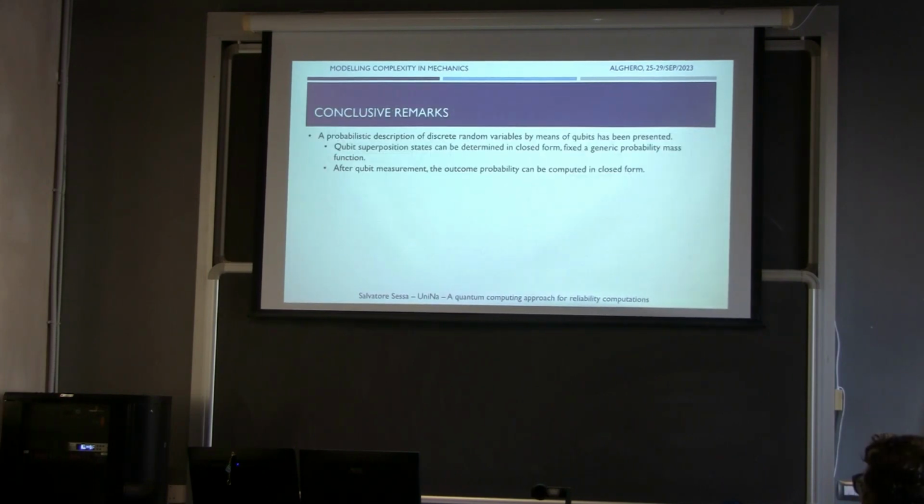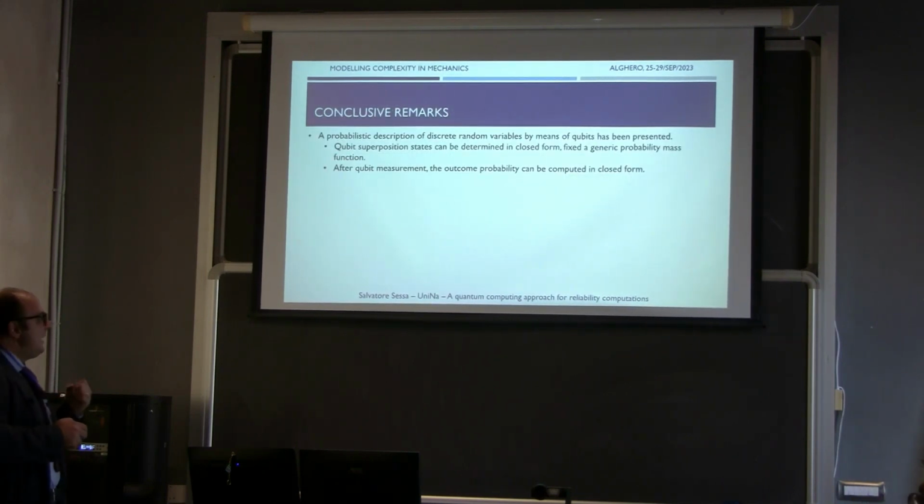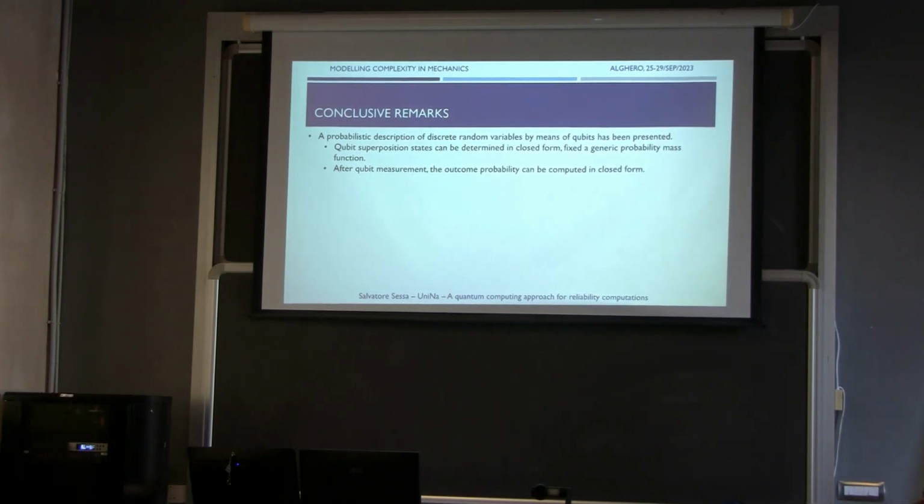So in conclusion, I think that such results are encouraging because we can actually use quantum circuits to describe random variables. Superposition states can be determined in closed form for a given probability mass function.